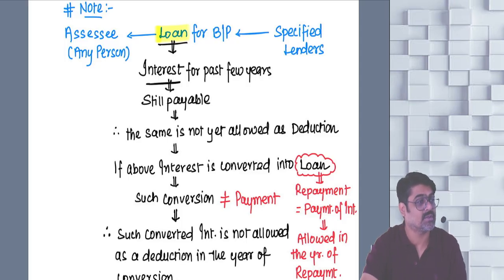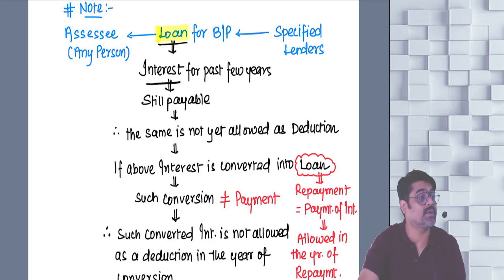Last year interest, last to last year interest, last 3 years interest was pending. Interest was not paid. So if the interest was not paid to specified lenders, this interest was not allowed as a deduction. Last year interest not paid, not allowed in last year.